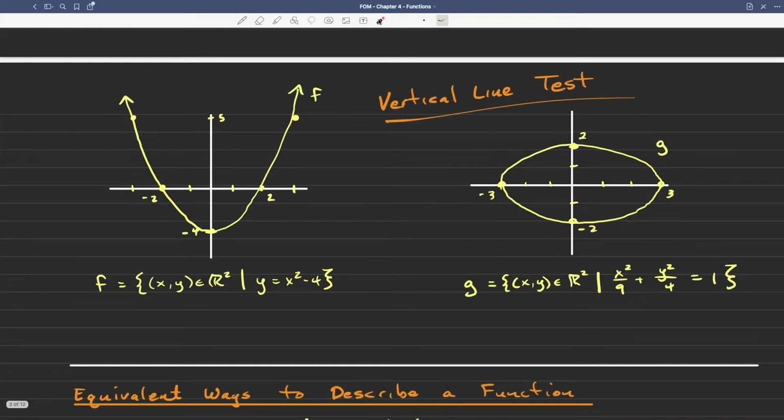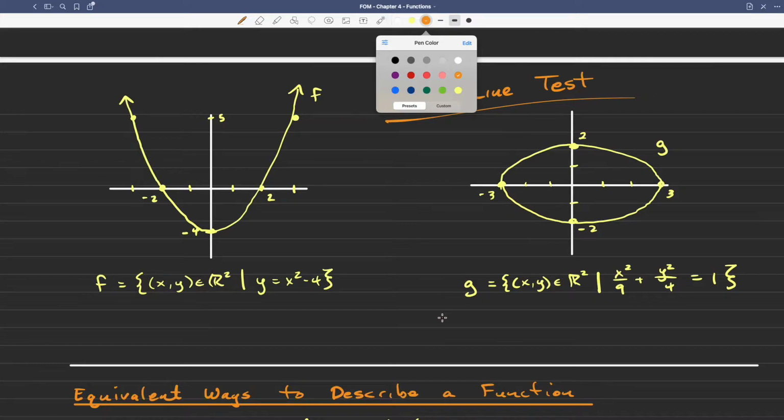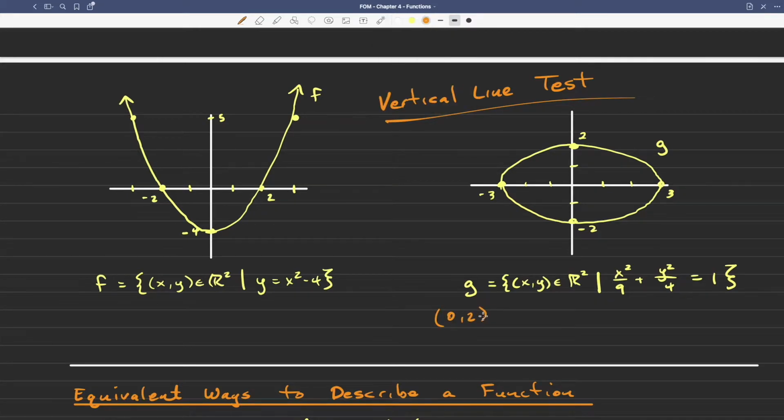So check it out on G here. You can see that (0, 2) and (0, -2) are in that relation G. In other words, those two ordered pairs satisfy the equation that defines G, but those second components are not equal. And that's being captured by that vertical line test, right?